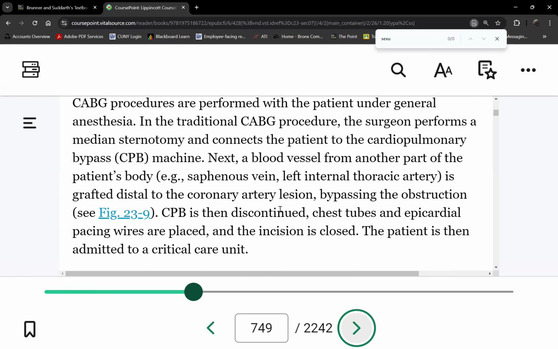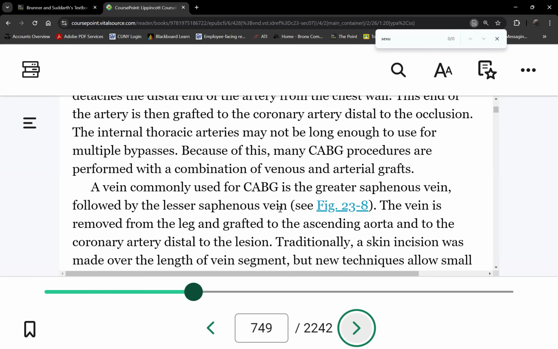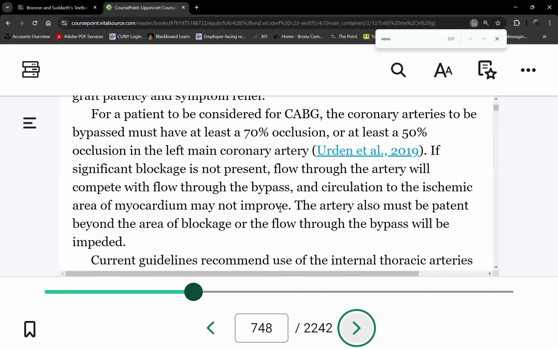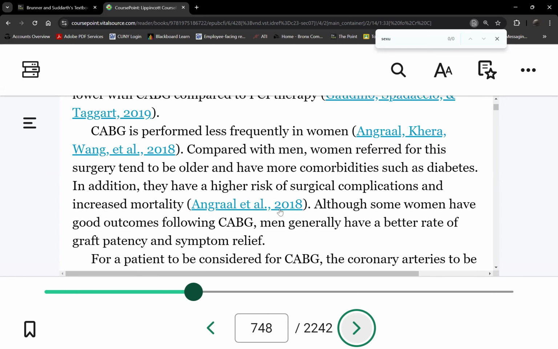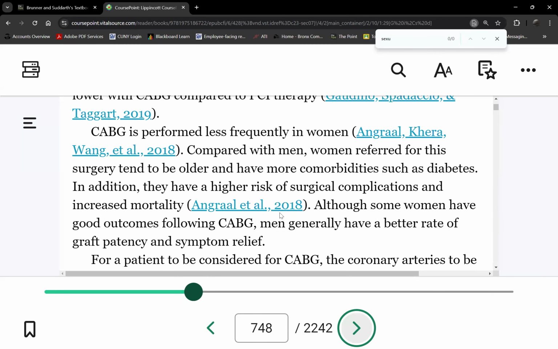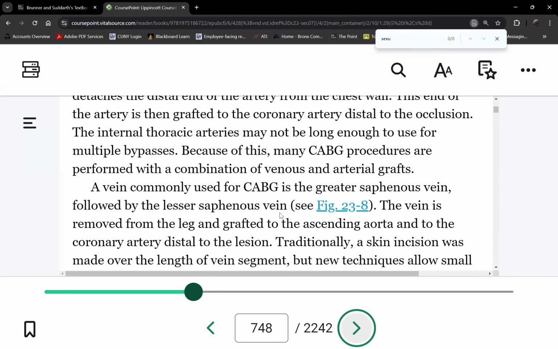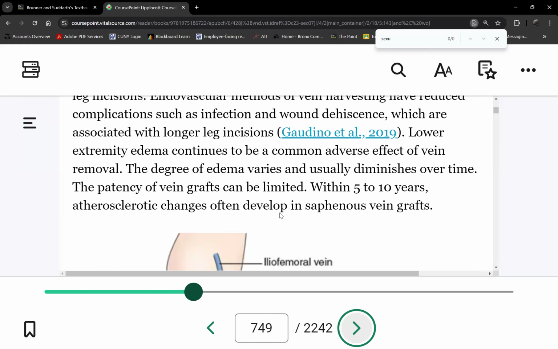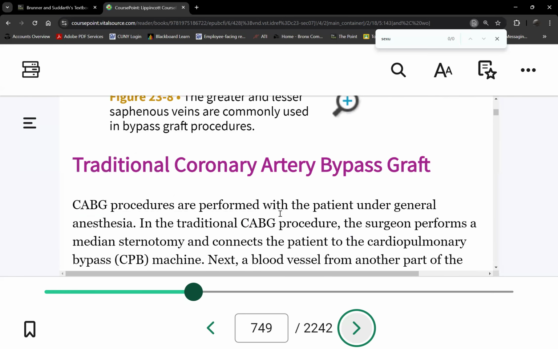The doctor can also use, instead of a vein, an artery, the mammary artery. I can't find it mentioned here.